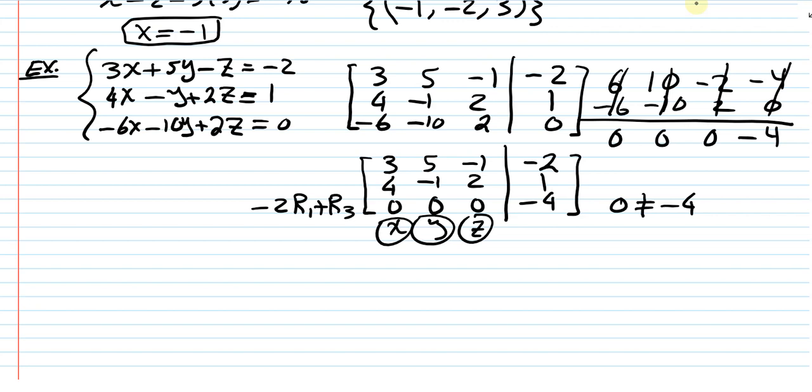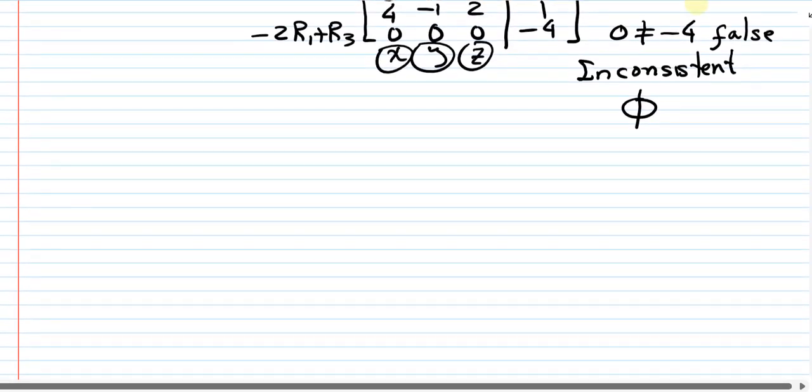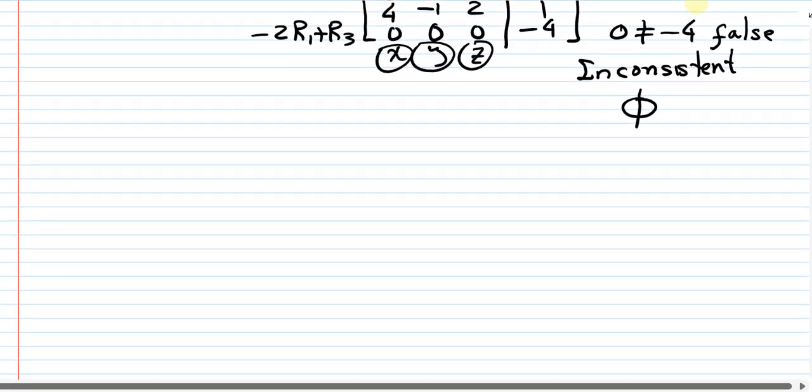So because this is a false statement, the system is labeled as an inconsistent system, and therefore there is no solution. No solution to this system. So this is what could show up as we try to do these systems.